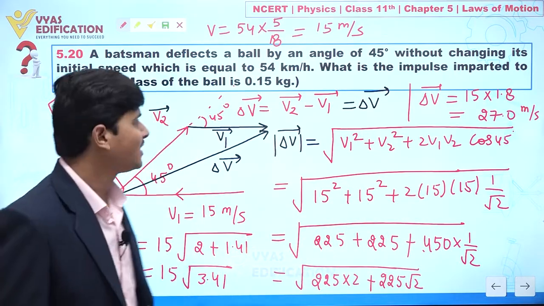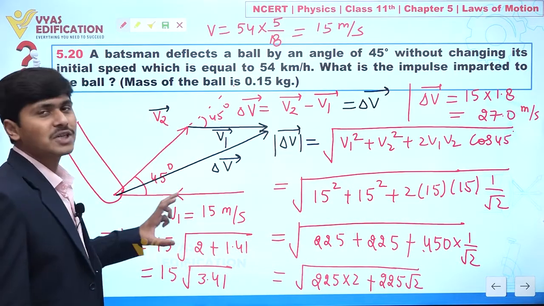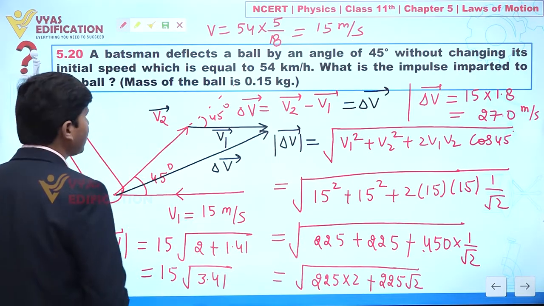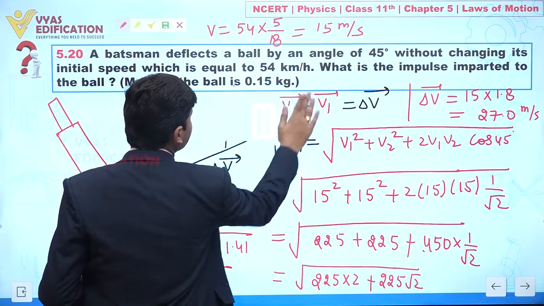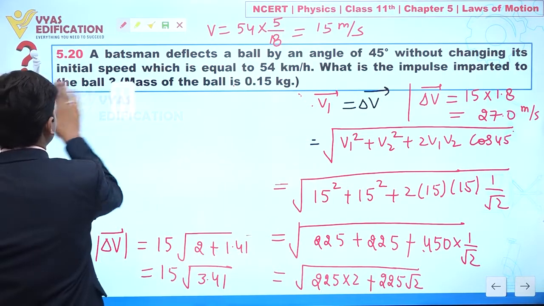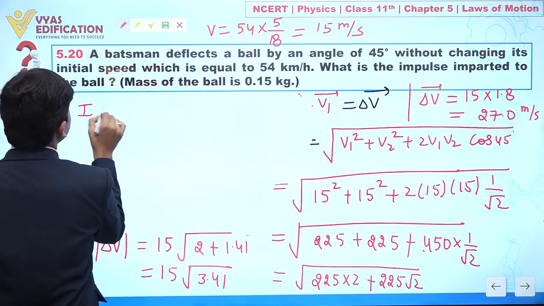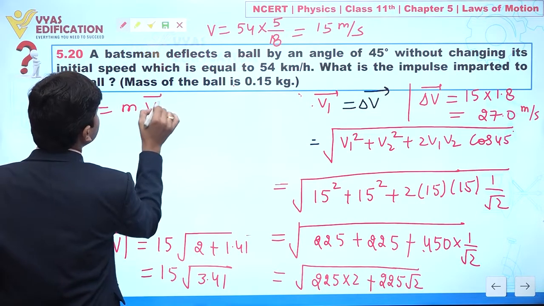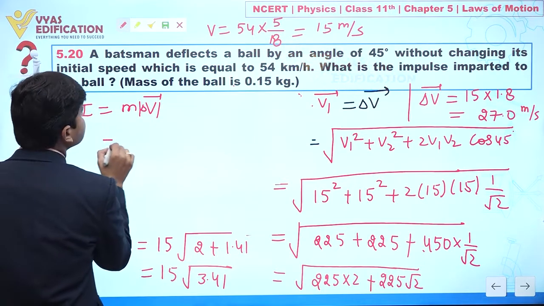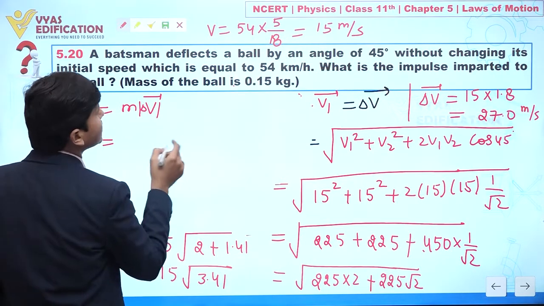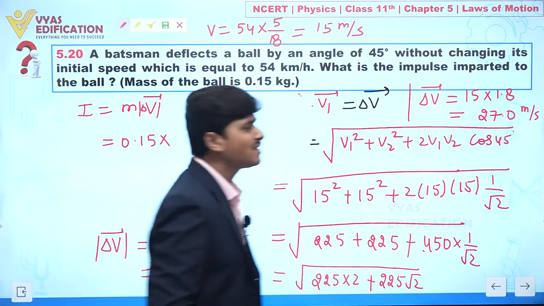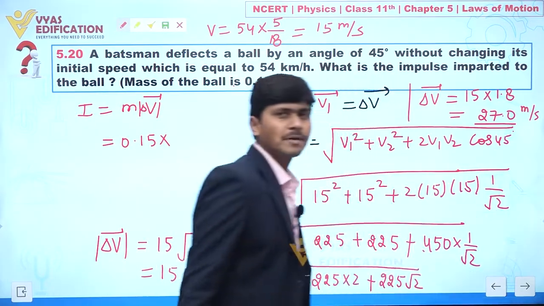But our objective in this question is to calculate the impulse imparted. Impulse is given by mass into change in velocity, since we are talking only about magnitude. The mass is 0.15, multiplied by the change in velocity, 27 meters per second. So 0.15 times 27 is 405 divided by 100, giving 4.05... we get the impulse equal to 4.35 kilogram meter per second.